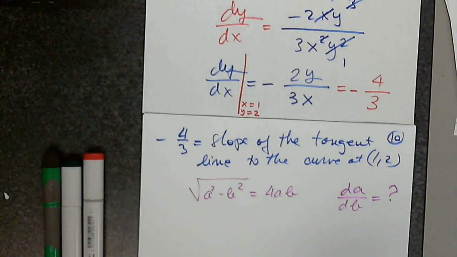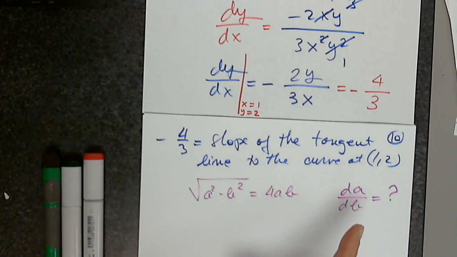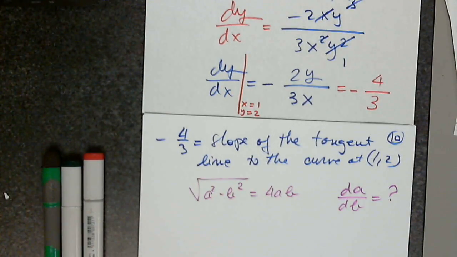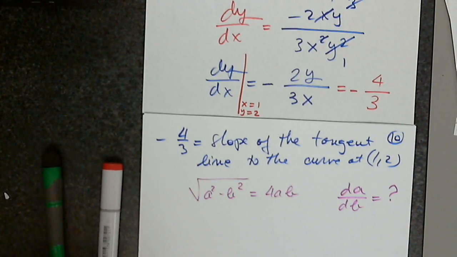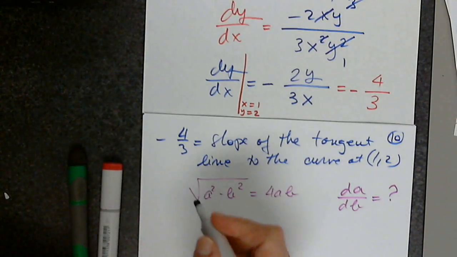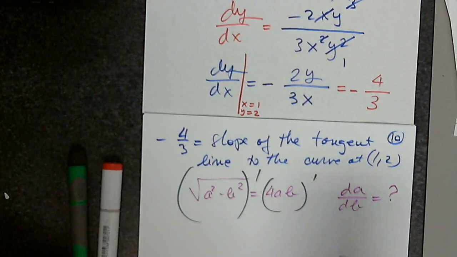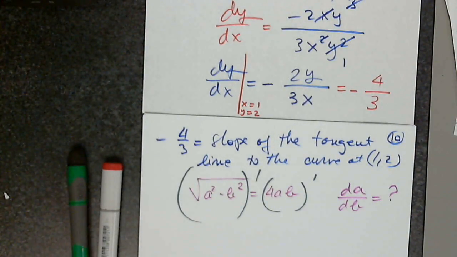But since I have A at the top, I'm clearly told that A is the function and B is the variable. So A is a function of B. So we will differentiate both sides, keeping in mind that A takes the place of y and B takes the place of x. Okay, so let's do that and then we'll continue.